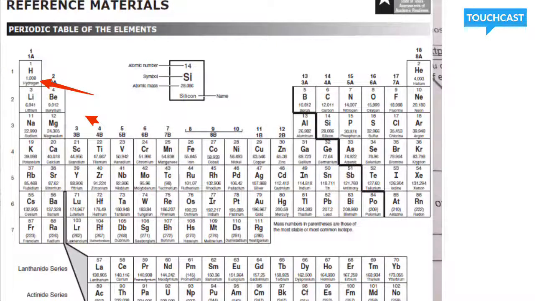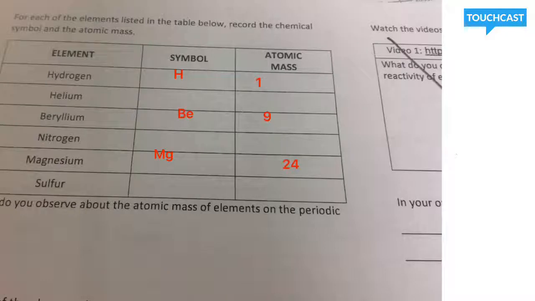You also could round it to 1. Beryllium's going to be 9.012. Look right here at the bottom. And you could round that to 9 if you want. Alright, hopefully you can check your answers on this. If you have any more questions, feel free to ask tomorrow.